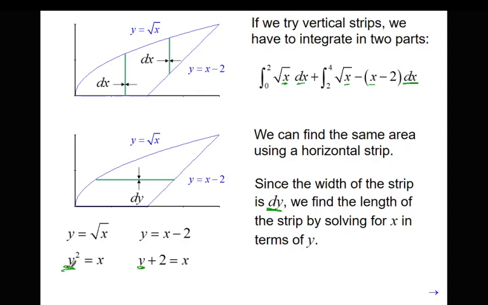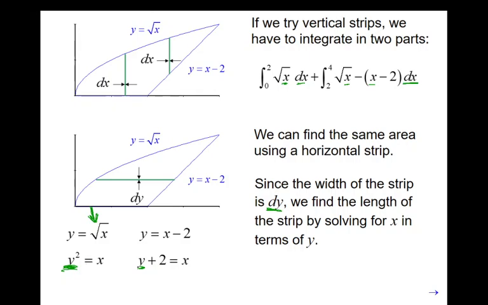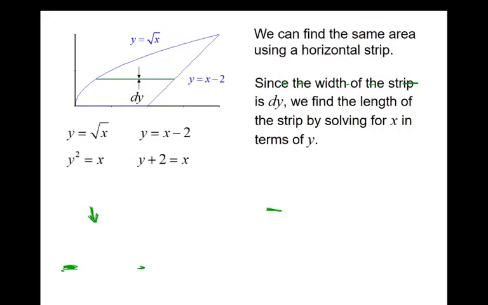But in this example, taking the antiderivative of that square root is a little bit more difficult because we're dealing with fraction powers, and changing it to a whole number makes it a whole lot easier on us. And then, of course, basically the same thing we did in the last one.